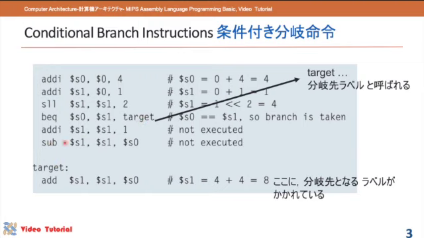Without executing this line, it jumps over here and then starts executing S1 equals S1 plus S0. So it updates S1: 4 plus 4. S1 is 4 and S0 is 4, so it added and put the result in S1.